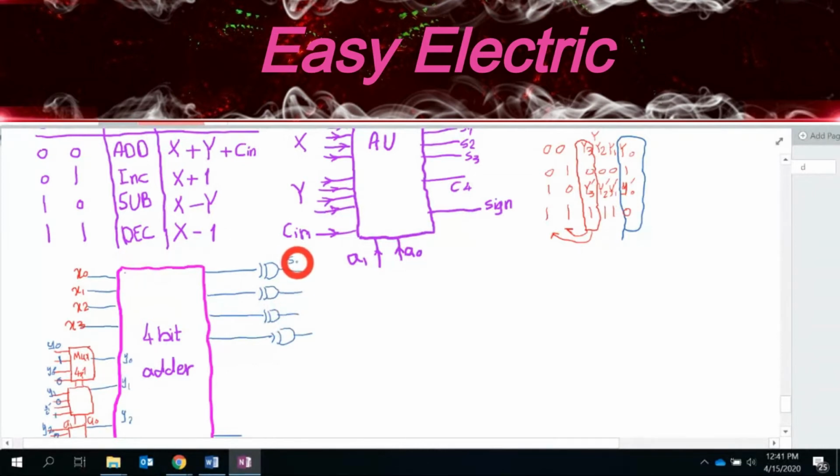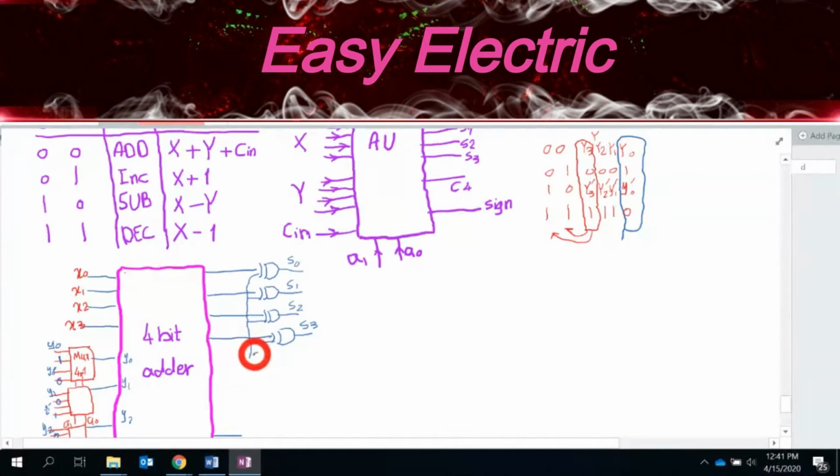See, this is S0, this is S1, this is S2, this is S3, and the second input we call the control C. You need to have the same thing here.